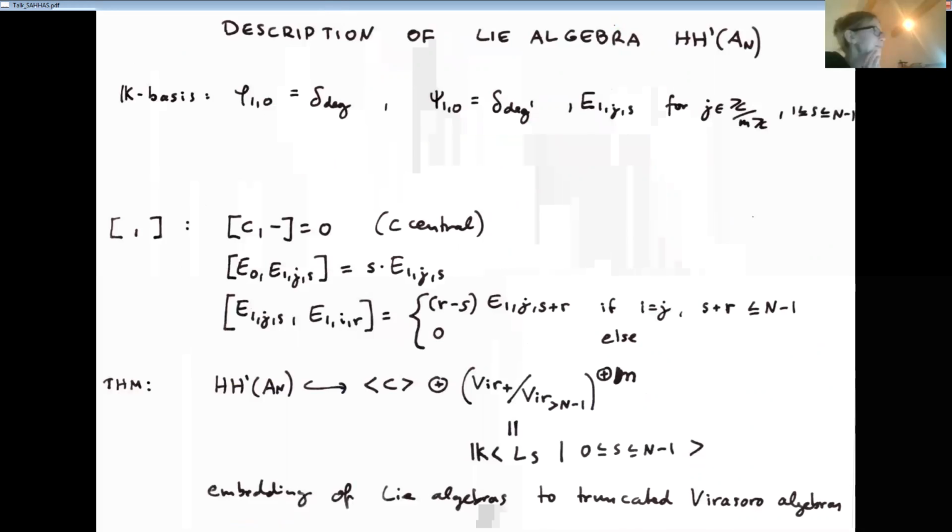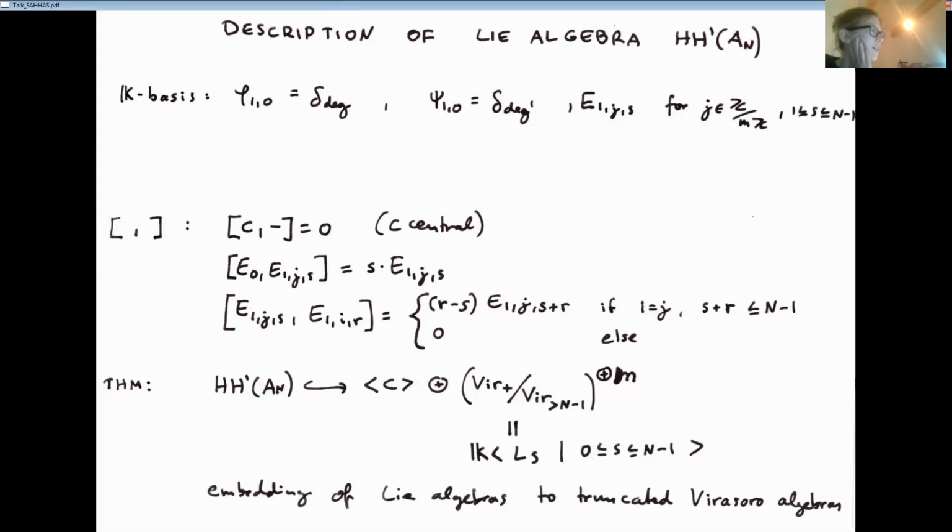Now, for the description of the Lie algebra HH1, again, remember that there's the basis given that we just discussed. So we have the first one that corresponds to our first degree derivation and our second degree derivation.